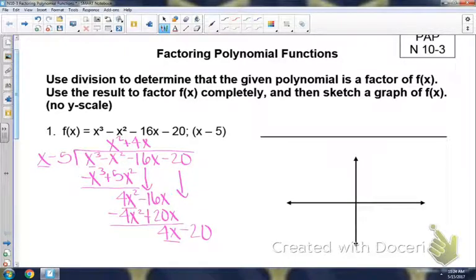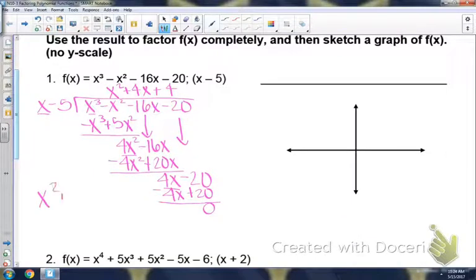So 4x and x, I need to multiply by 4. That's 4x minus 20. And then we're subtracting. So we get 0 for the remainder. On all of these examples, you should not have a remainder. Okay? So we end up getting x squared plus 4x plus 4 for our answer.